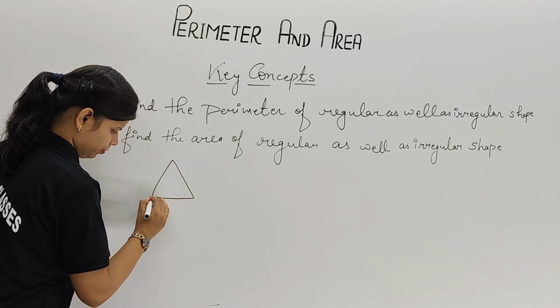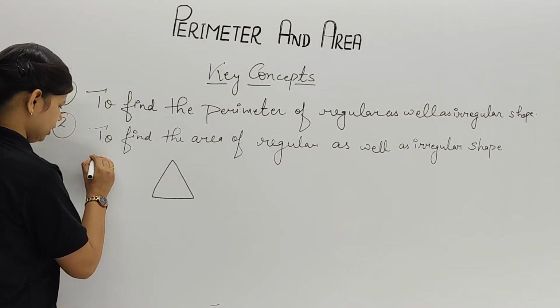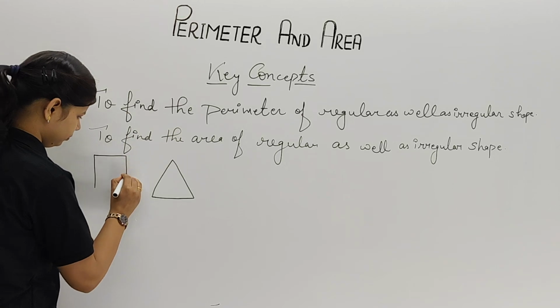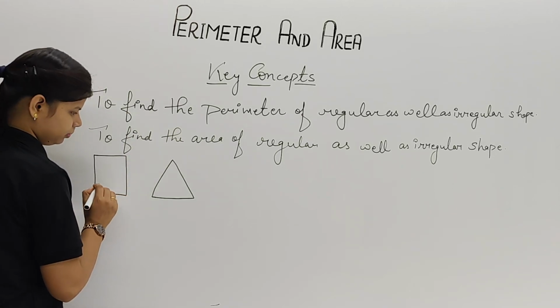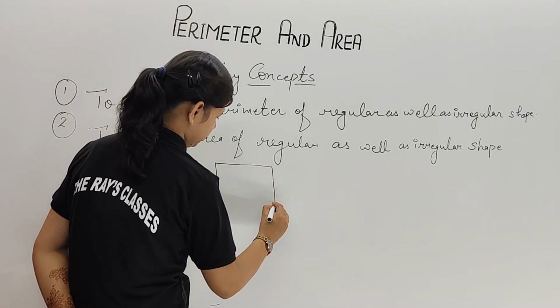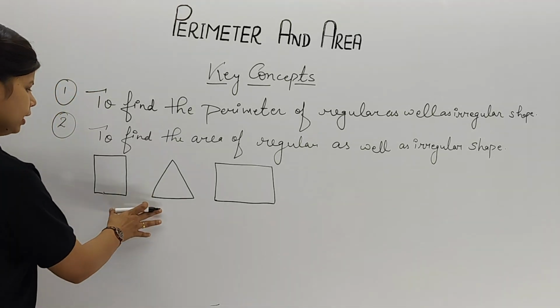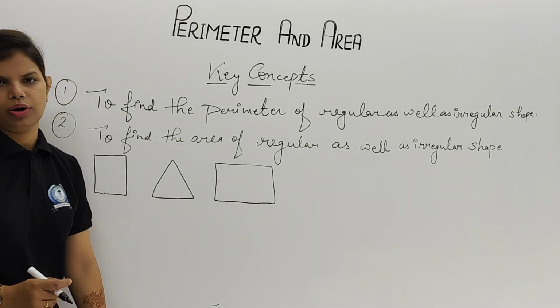Clear, no? This figure. Next, I am going to draw this figure. Otherwise, I am going to draw this figure. You know from before that these are all called polygons.